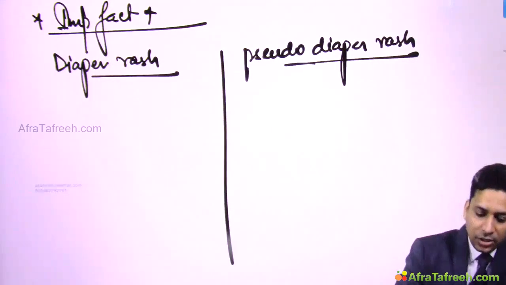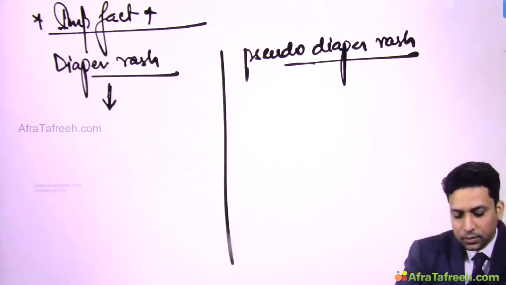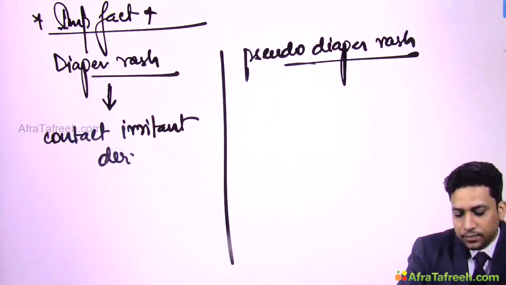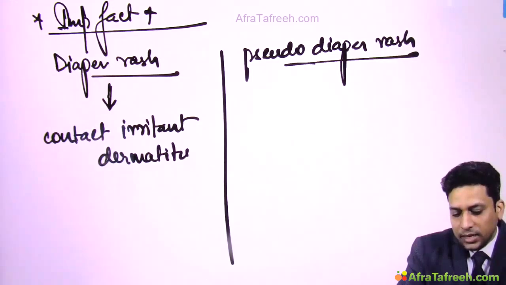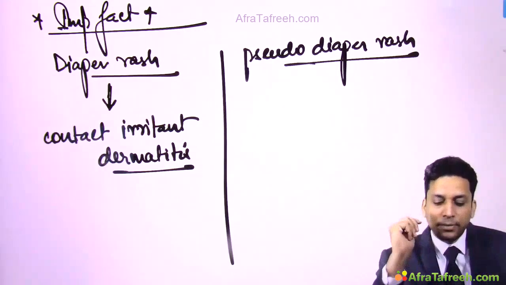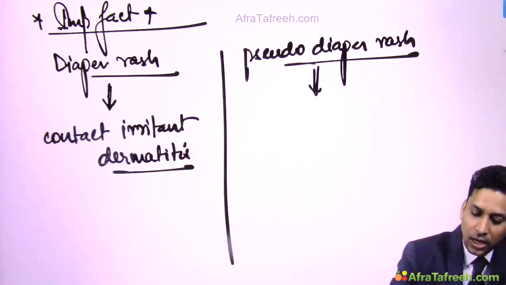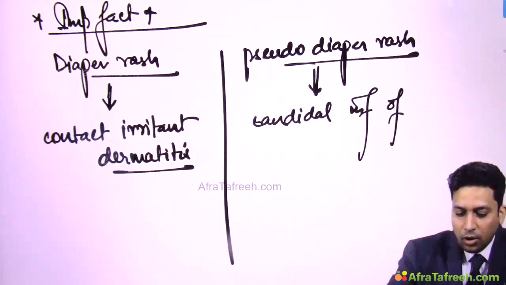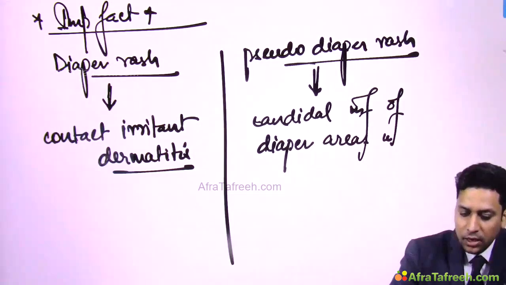So diaper rash are due to contact irritant dermatitis. So this is a dermatitis or the inflammation of the skin which occurs due to contact to the irritant material of the diaper. While pseudo diaper rashes are candidal infection of diaper areas in infants.